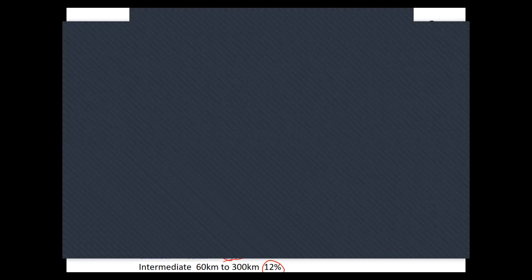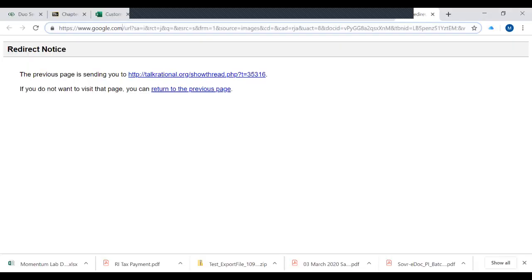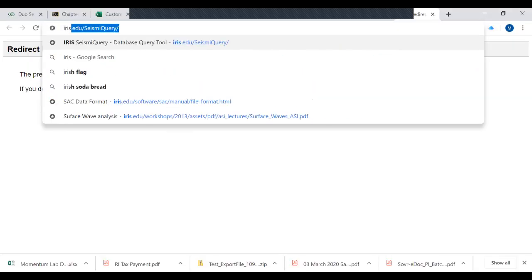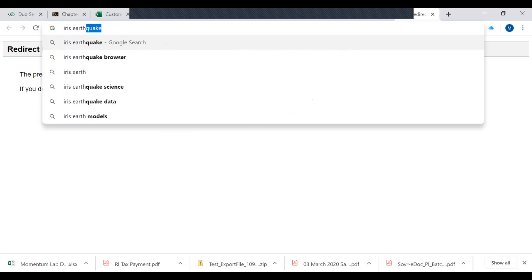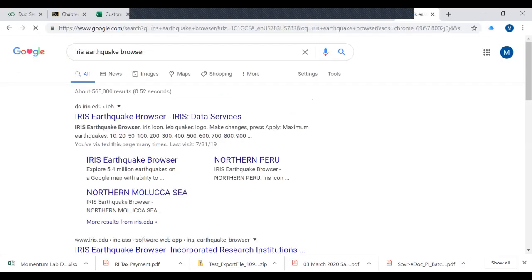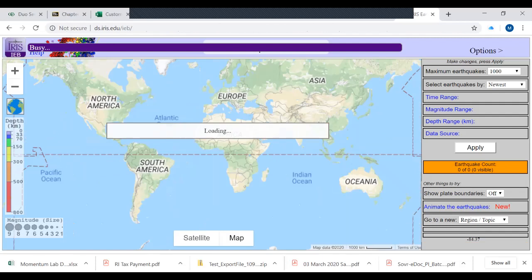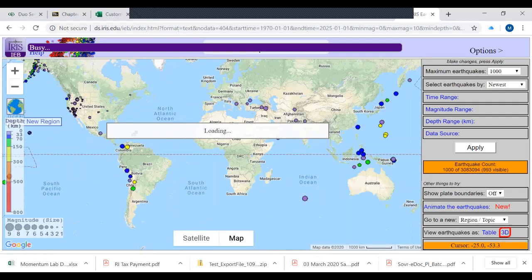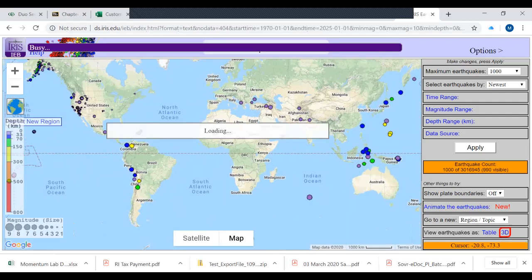Well, to explain that, we can go to our earthquake browser. This allows us to look at earthquakes plotted on a map, and it color codes them with respect to depth.